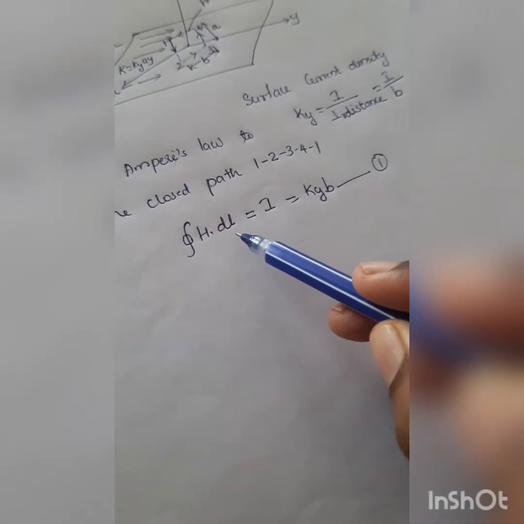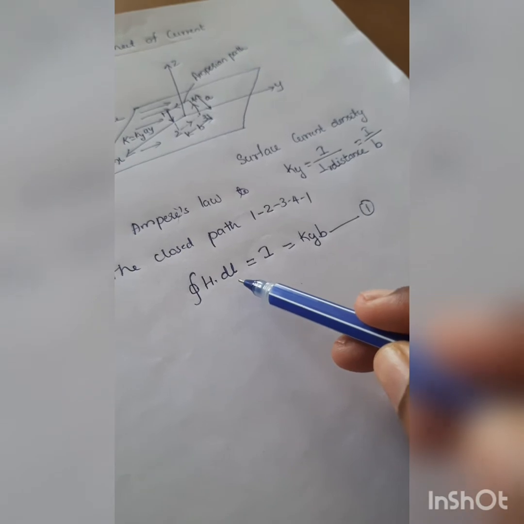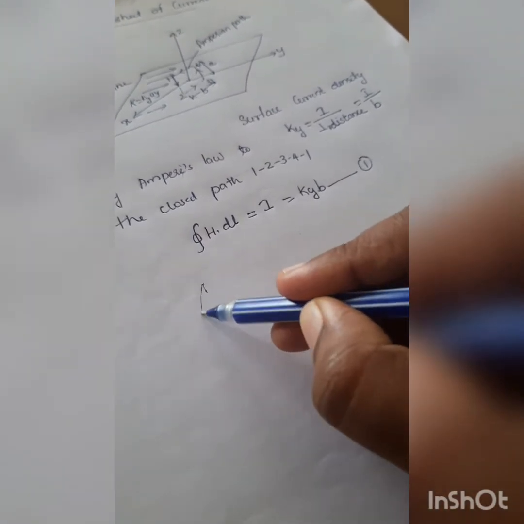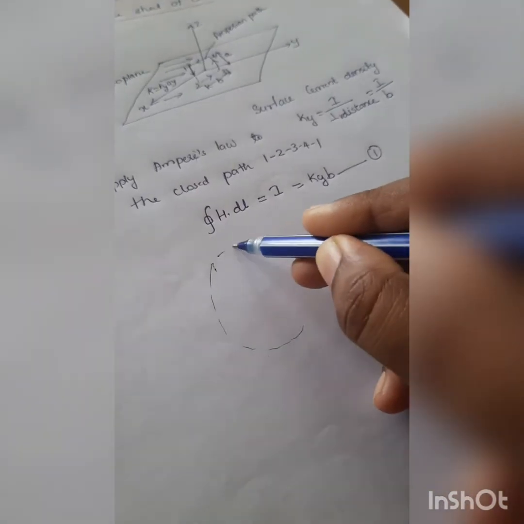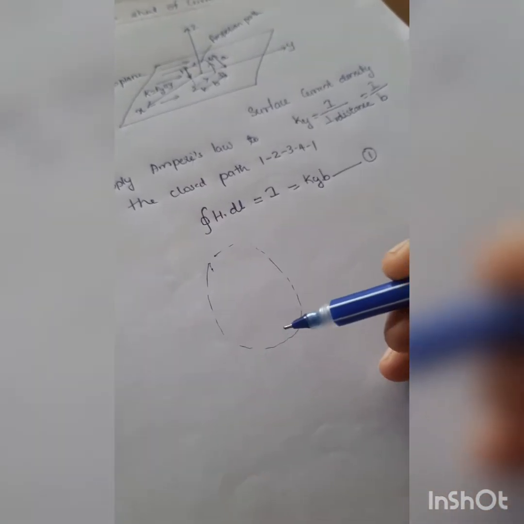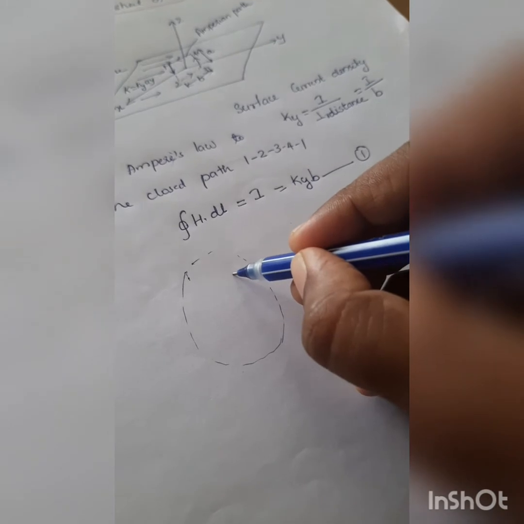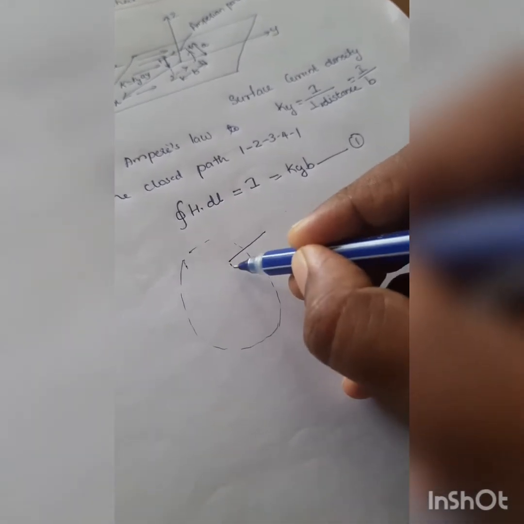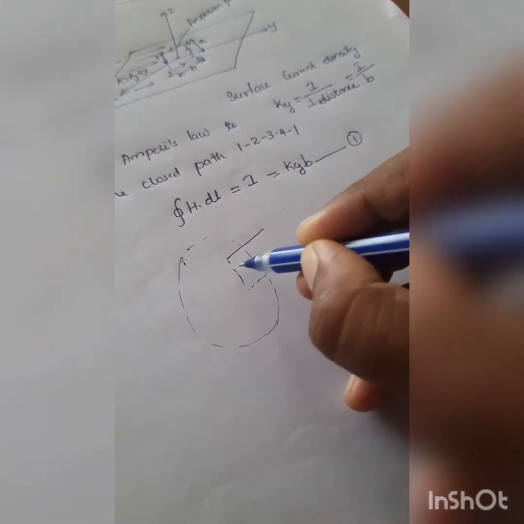In order to evaluate this integral, we can consider this sheet as comprising a number of filaments. If we consider a small area, the rectangular path is shown like this.